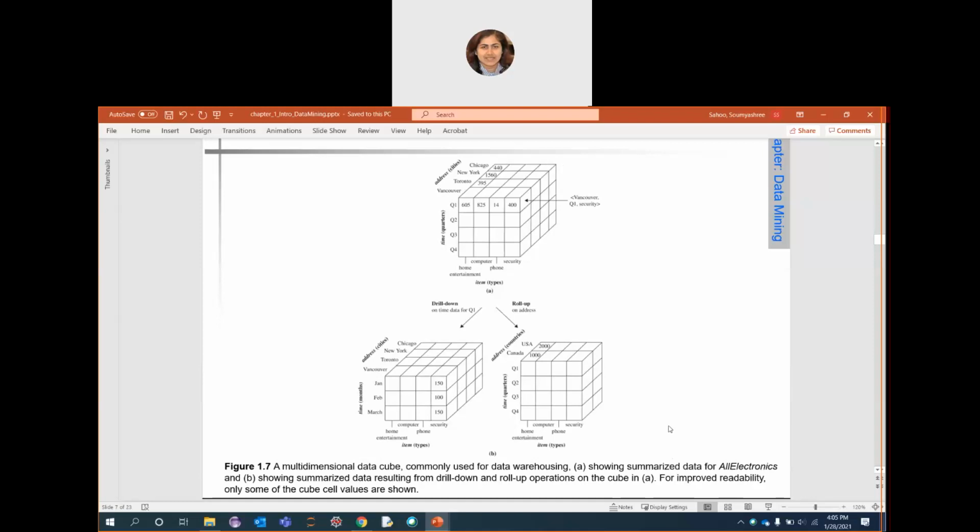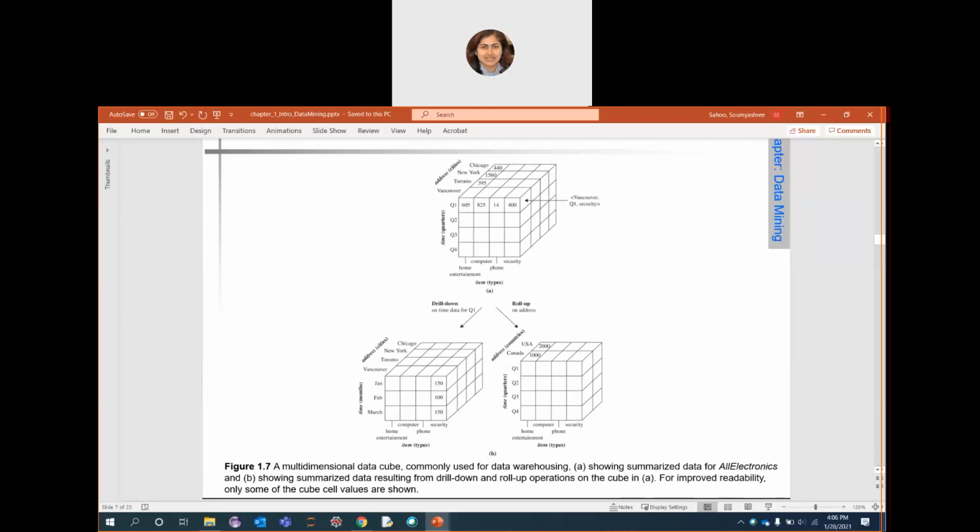What does data warehouse actually mean? It is usually modeled by a multidimensional data structure called a data cube, and it has multiple dimensions. Every dimension can correspond to an attribute or set of attributes in a schema.